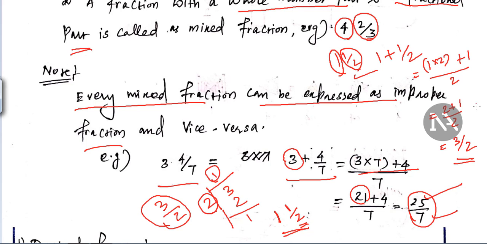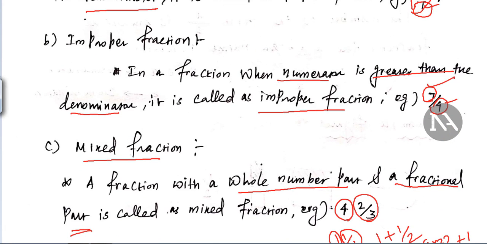Similarly, here also you have an improper fraction. This is 7/4. 7/4 is the improper fraction. I am going to write it as a mixed fraction. So 7 divided by 4: 4 goes one time, the quotient is 1, then the remainder is 3.